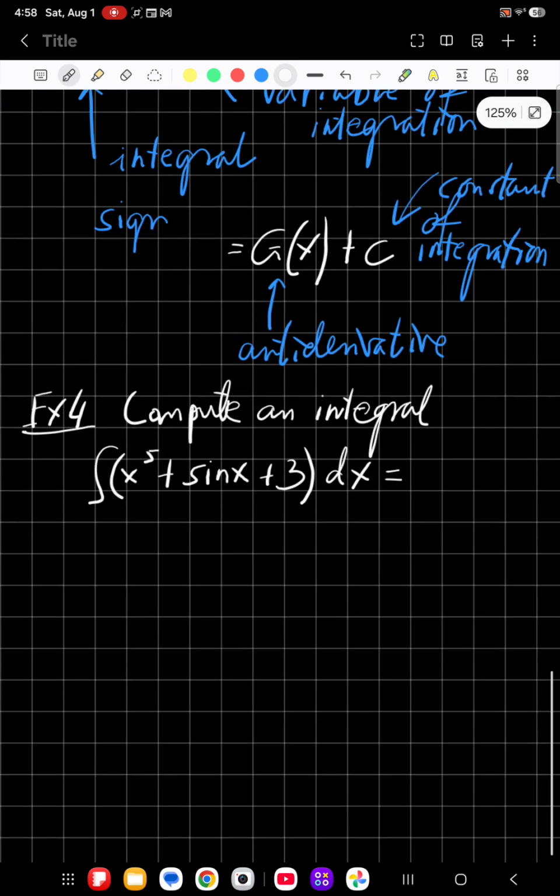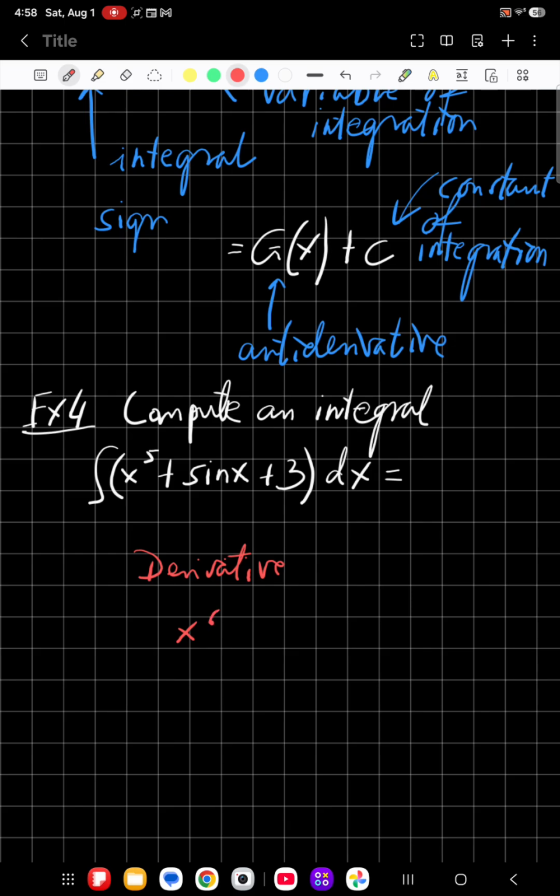So now I'm thinking about the derivative. To get x to the 5th, I need to have x to the 6th.